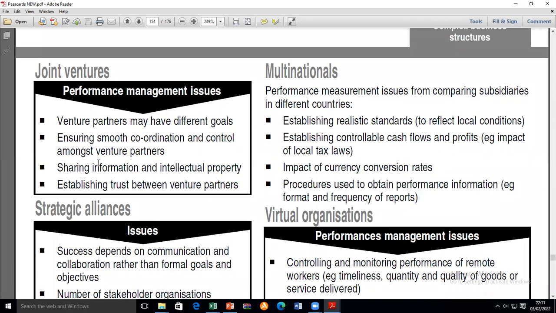Now, if we don't deal with this properly, they may affect the achievement of your objectives. You may even slow down in your work. The trust is very, very important. So how do you establish the trust? So these are some of the issues that you need to think about upfront.